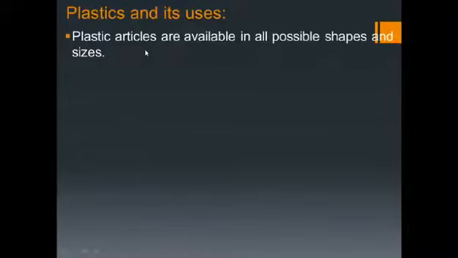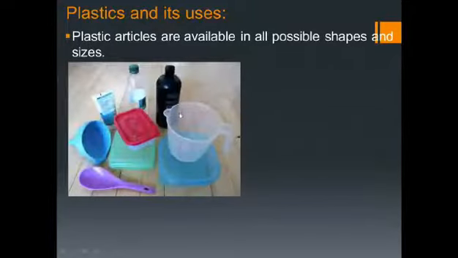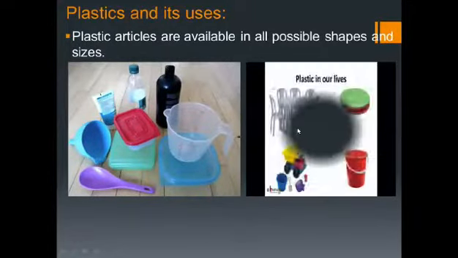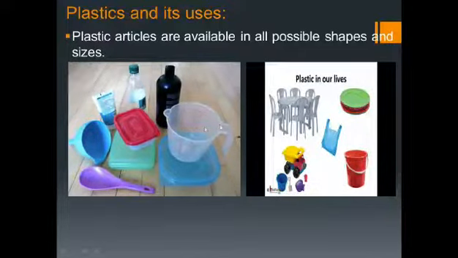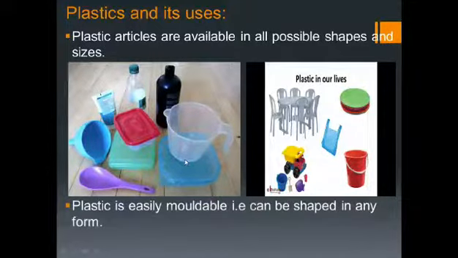Plastic articles are available in all possible shapes and sizes. Children, have you ever wondered how this is possible? Because plastic is easily moldable, that is, it can be shaped in any form.